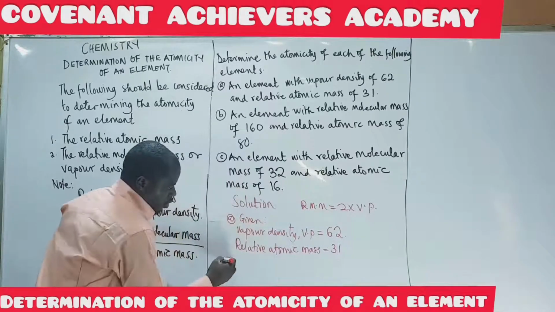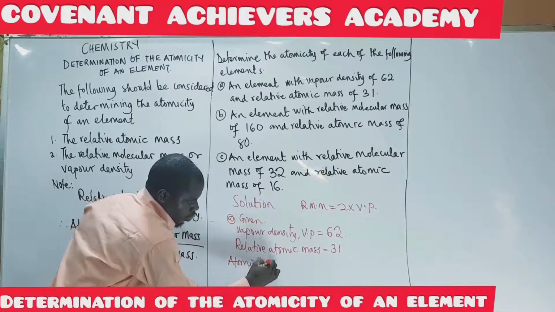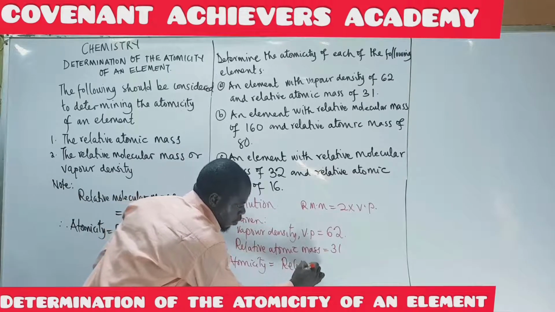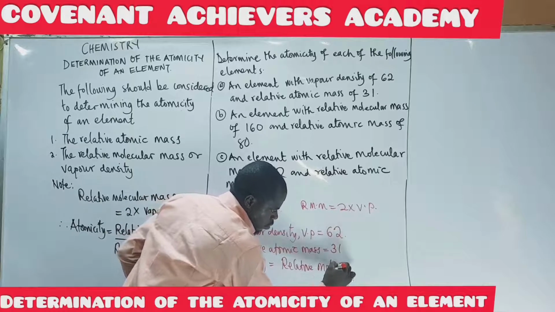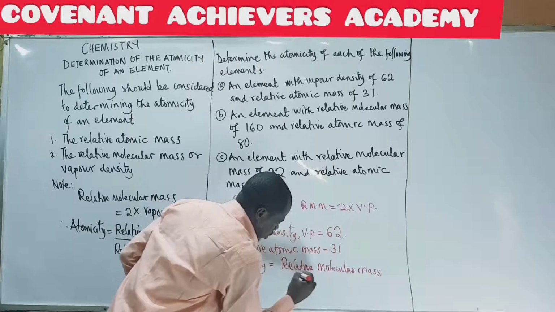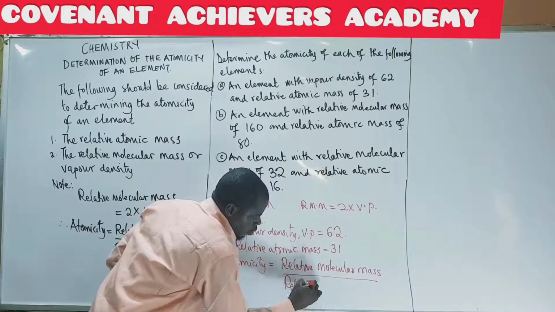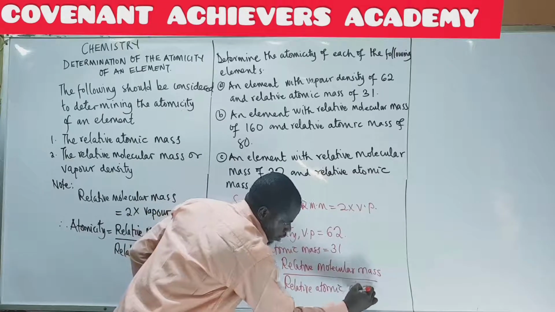Now, the atomicity is equal to the relative molecular mass divided by the relative atomic mass.